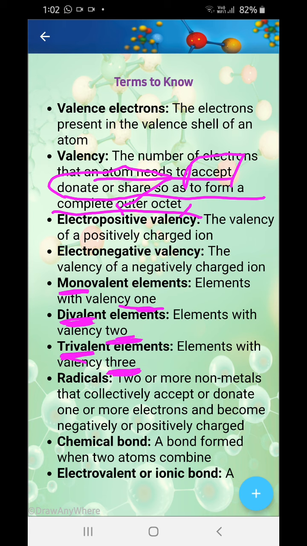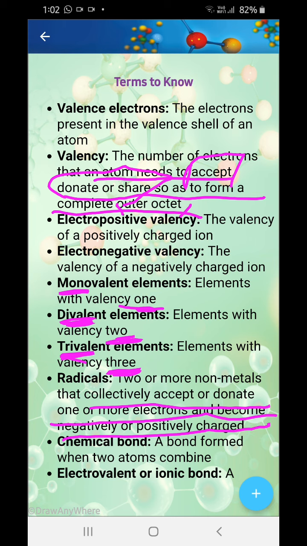Trivalent, tri means 3. Radicals: two or more non-metals that collectively accept or donate one or more electrons to become positively or negatively charged. What is the difference between a compound and a radical? Compounds do not have any charge, but radicals have charge.